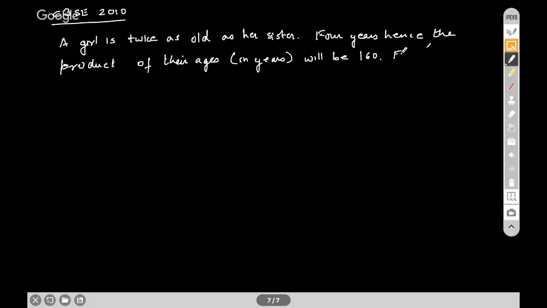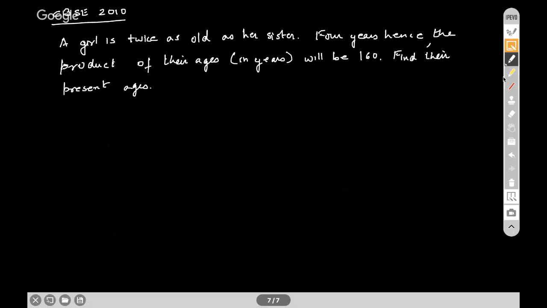Find their present ages. So a girl is twice as old as her sister.